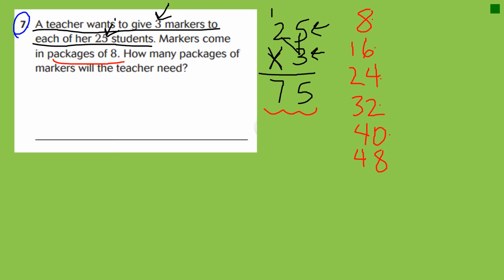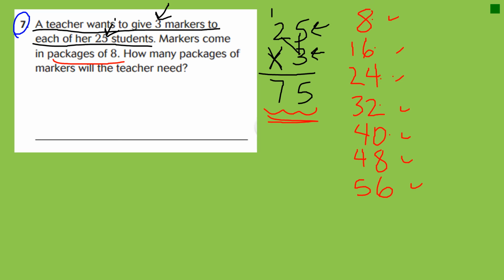48, 56. So that's 1 package, 2 packages, 3, 4, 5, 6, 7. We're still going, aren't we? Because we have to get 75 markers for the kids. So 56.